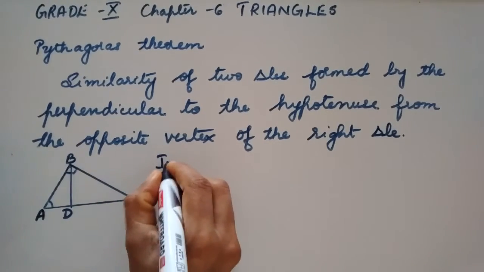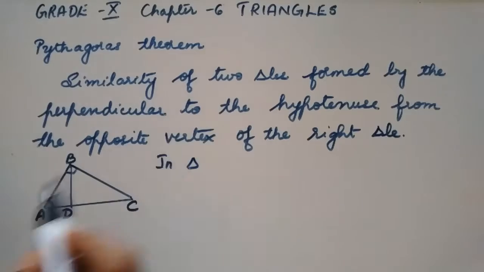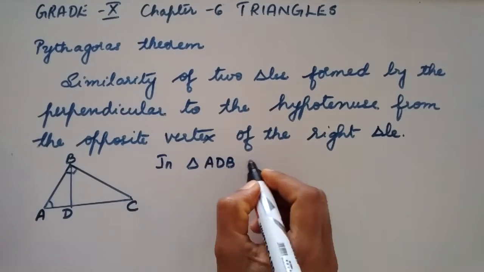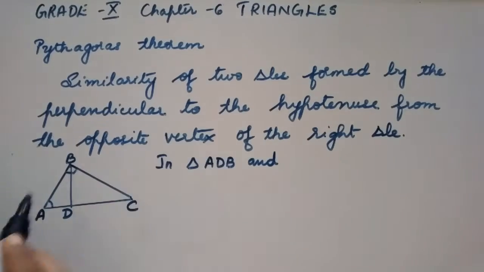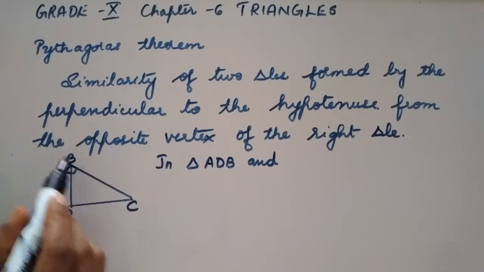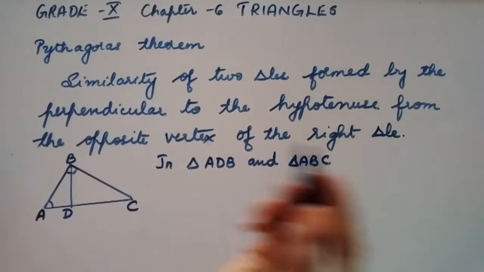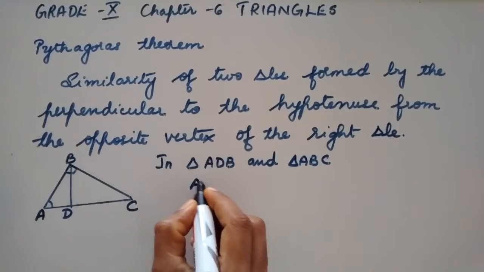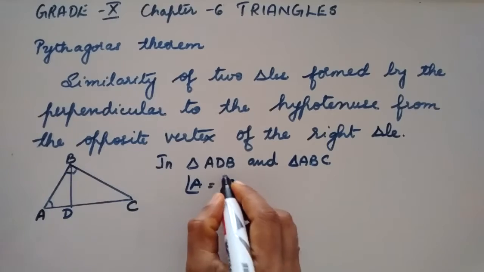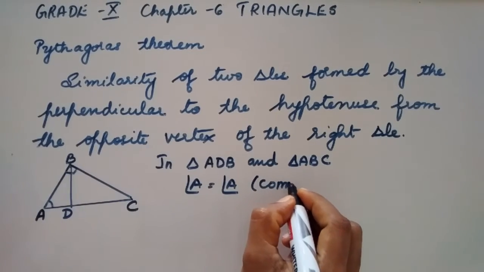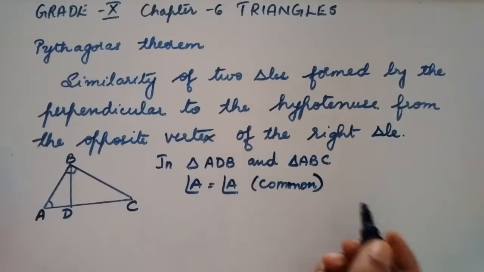That is, in triangle ADB and the whole triangle ABC, angle A is equal to angle A. So that is the common angle.